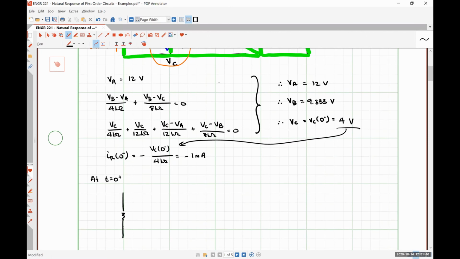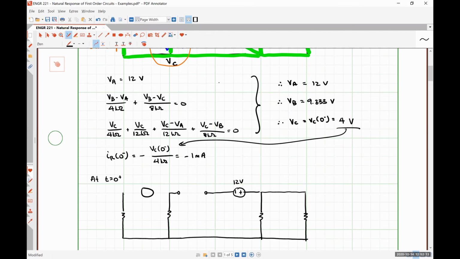So for our circuit, we're going to have a resistor. Our capacitor is going to be replaced with a voltage source. Now our switch looks like an open circuit because it opened up at t is equal to 0. Here is our original 12 volt DC source. So let's put my resistor first, and then we'll talk about exactly what's going on here.